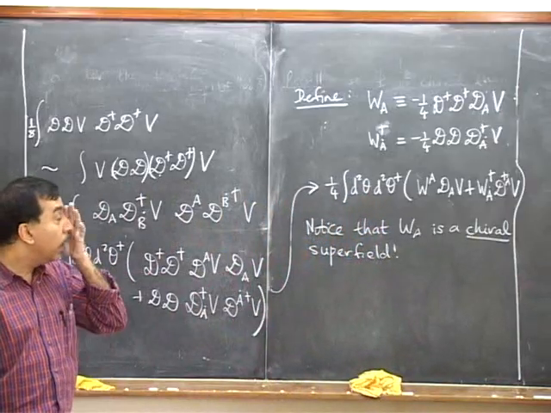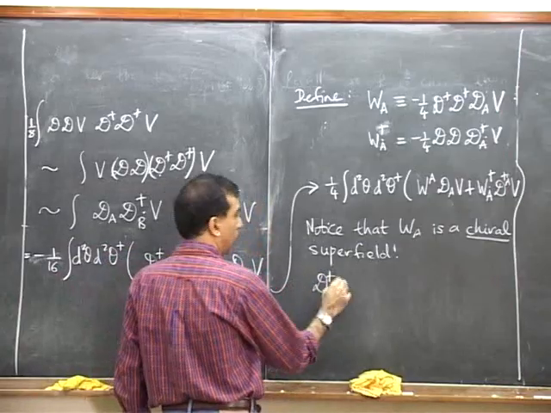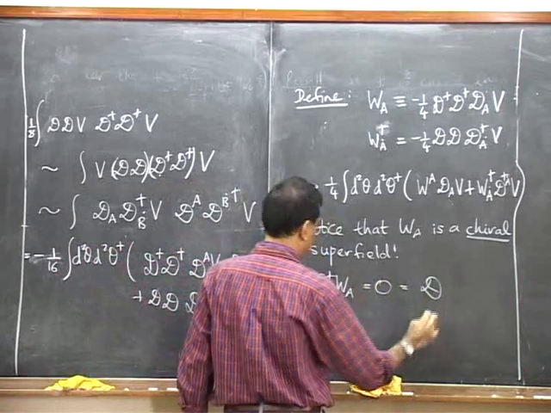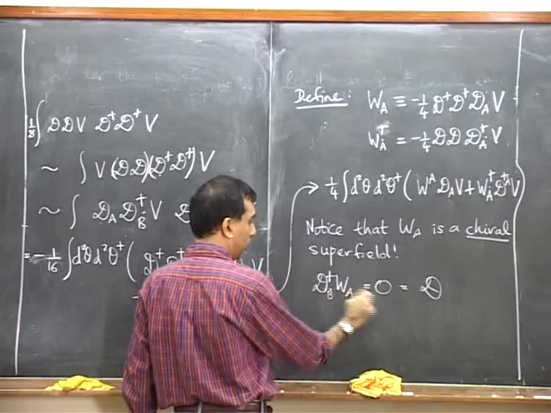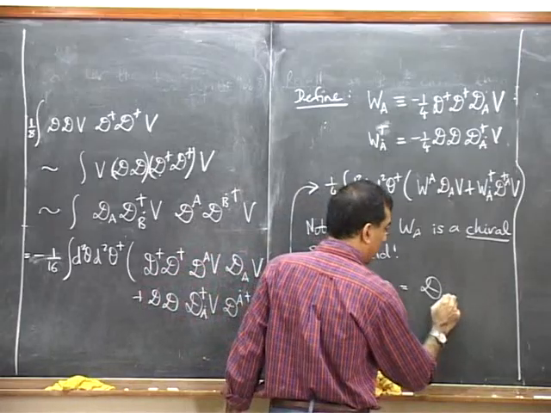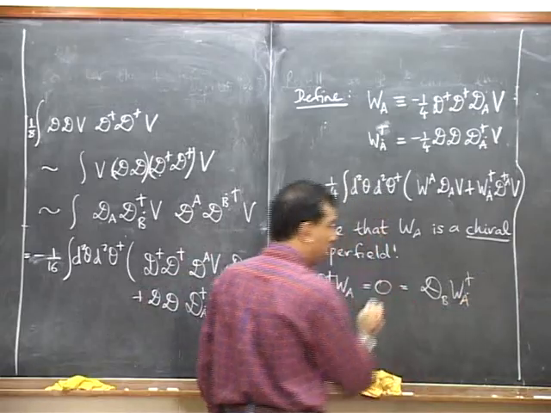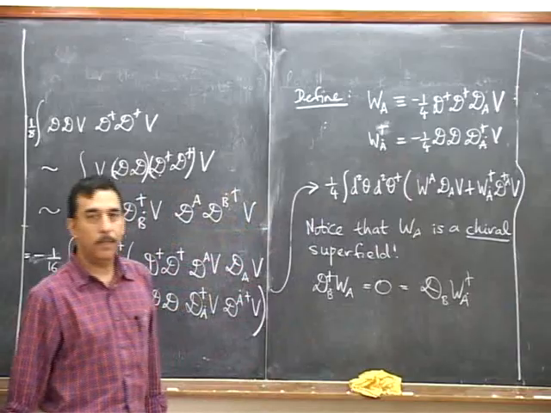So the claim is that if I act with D dagger B dot on WA, I get 0, and if I act with D B on W dagger A dot, I likewise get 0. So W is chiral, W dagger is anti-chiral.